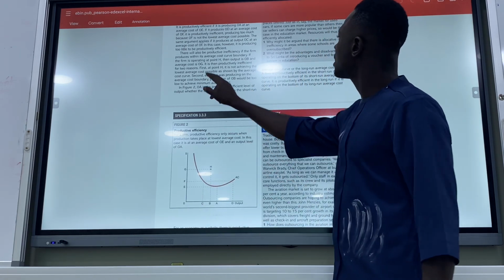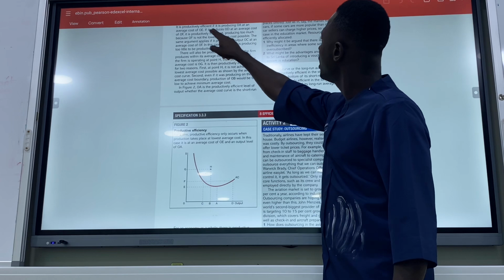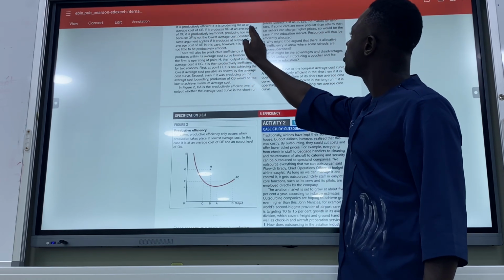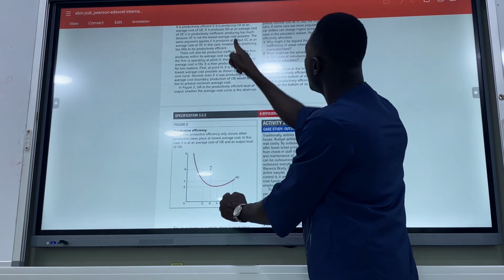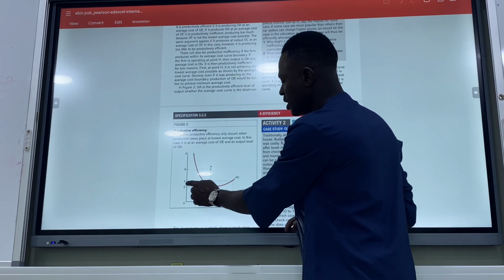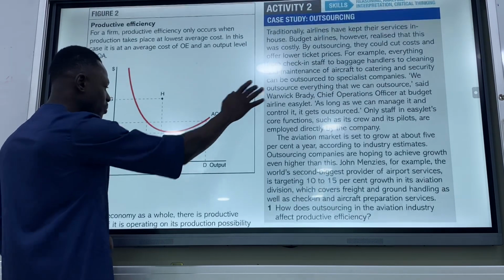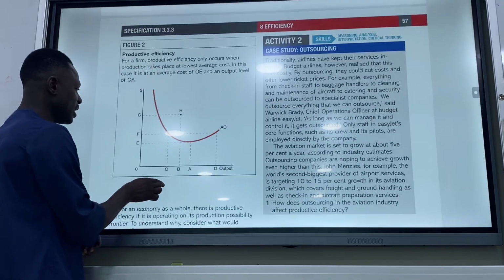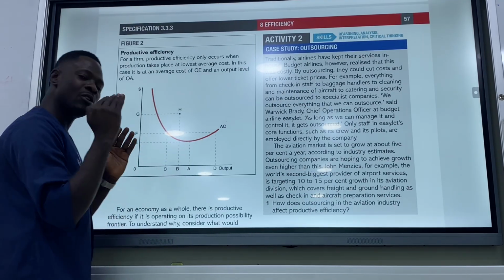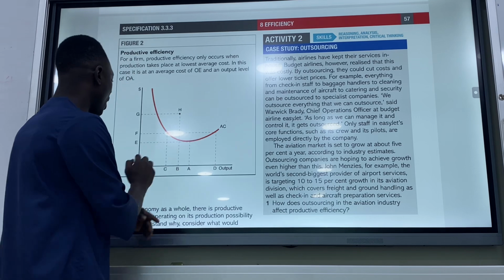If it is productively efficient, it is producing at OA with an average cost of OE. A firm will be considered productively efficient if it's producing at OA with the lowest average cost of OE.